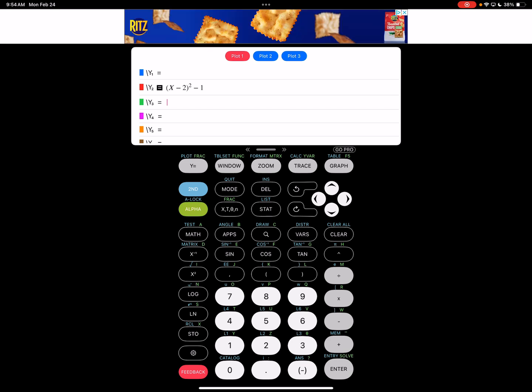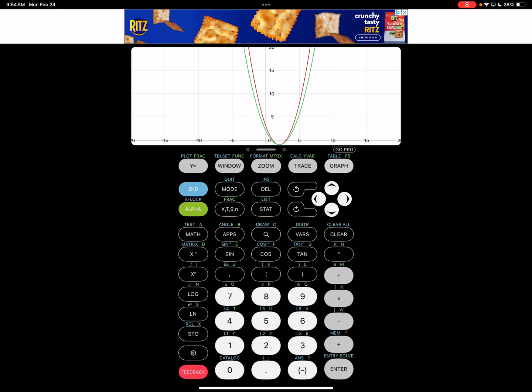So I put in alpha y equals 3/4, and then I'm going to use that vertex, so x minus 2 squared, and then minus 1. Red is going to be without the compression, okay? Green has the compression. Ready? I'm just going to graph it like that.